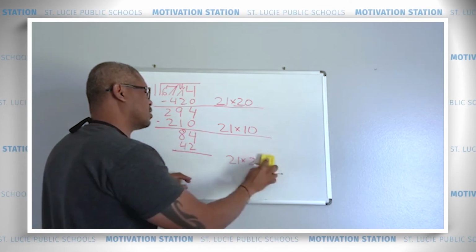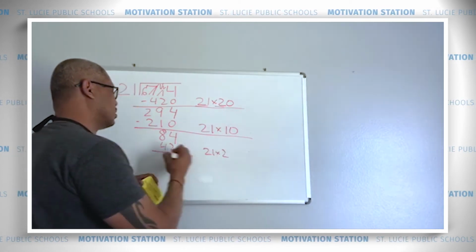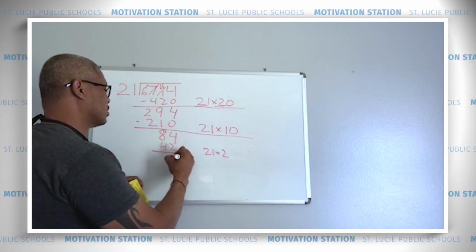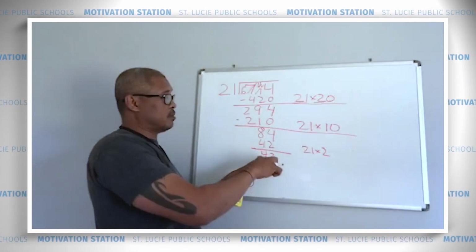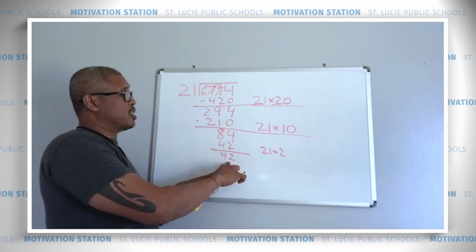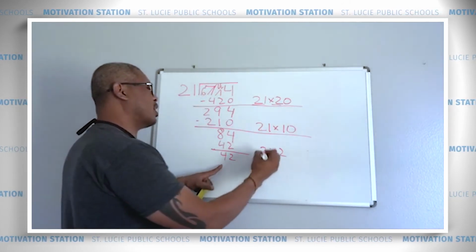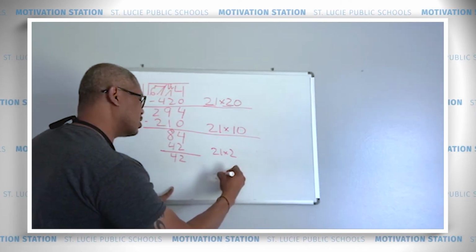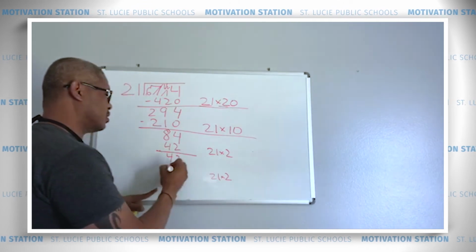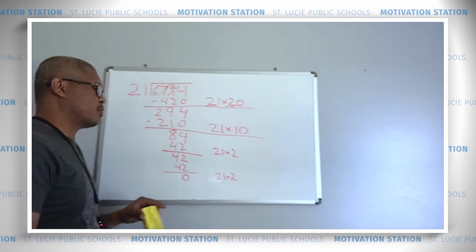Let me rewrite this because I want to keep this in line. Subtract. Well, 42, is this number less than my divisor? No, it's not. So I know again that I can use 2 again. This gives me 42. Remainder 0.